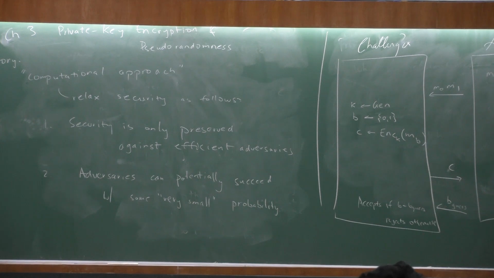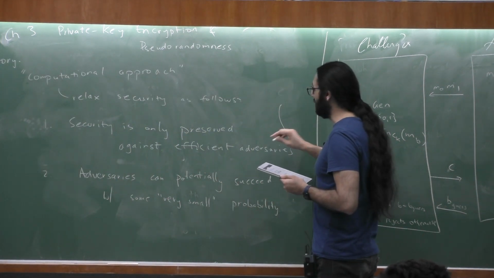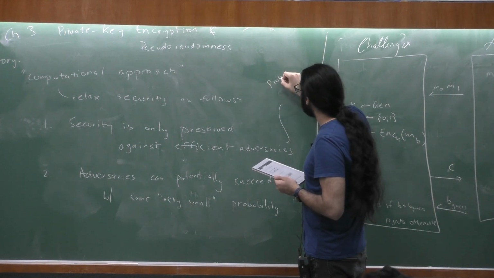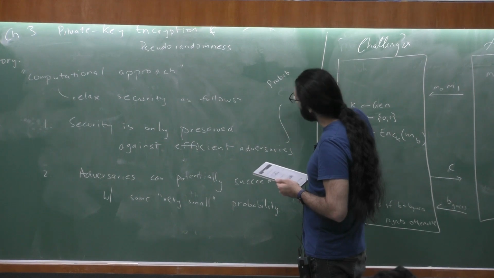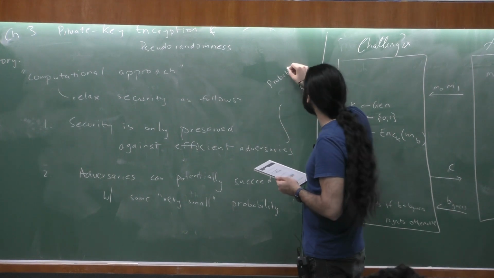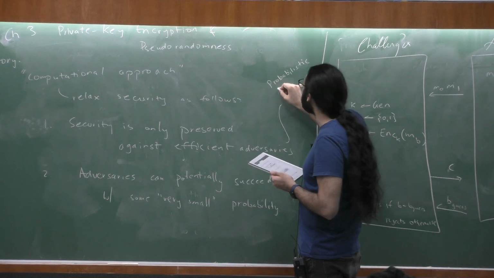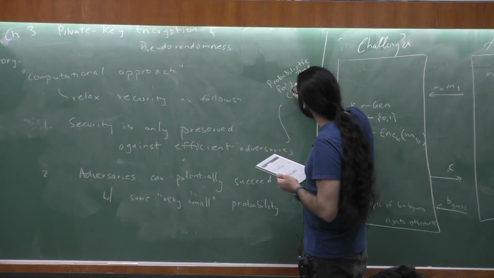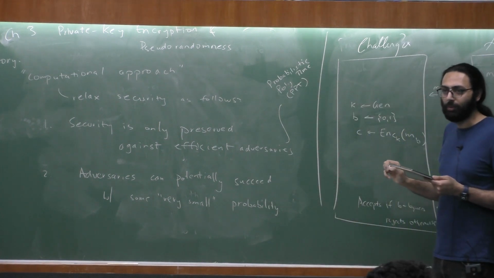And the notion of an efficient adversary, at least in the book, is PPT, that is probabilistic polytime. In our case it would be quantum polytime.